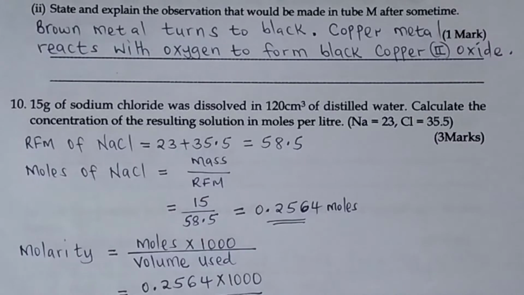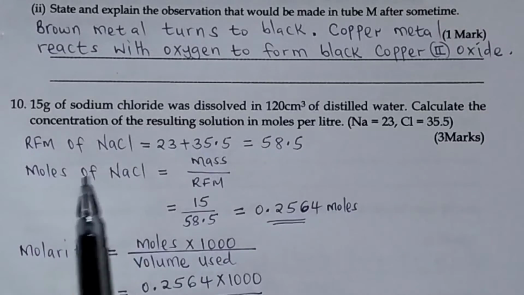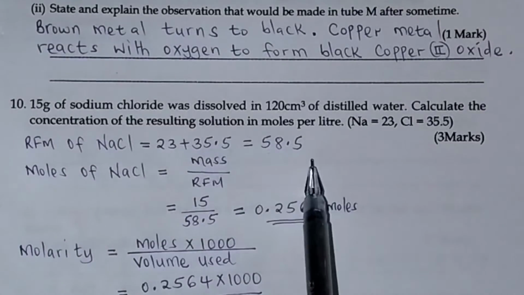We are told 15 grams of sodium chloride was dissolved in 120 centimeter cube of distilled water. We are asked to calculate the concentration of the resulting solution in moles per liter. We are given the relative atomic mass of sodium, which is 23, and of chlorine, which is 35.5. So we start with the RFM of sodium chloride, which is 58.5.